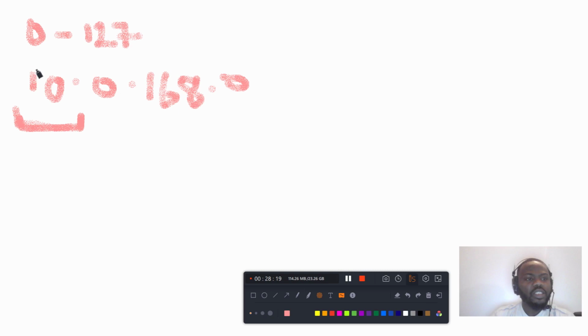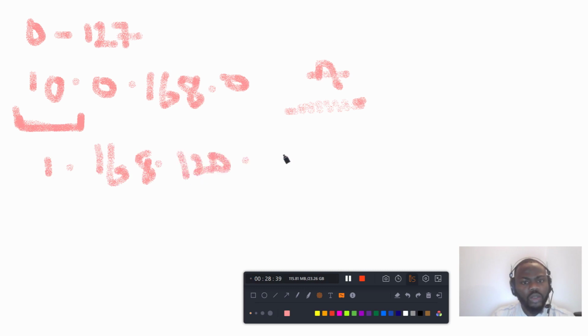Does it fall within the range of 0 to 127? If it does, that means this is a class A address. So if you are given 1.168.120.0 or any number, you just need to check this. Are you class A? Yes, you are class A because you are within the range of 0 to 127.